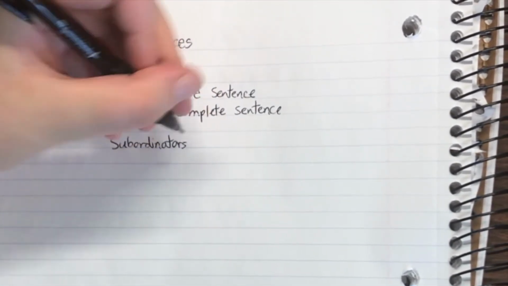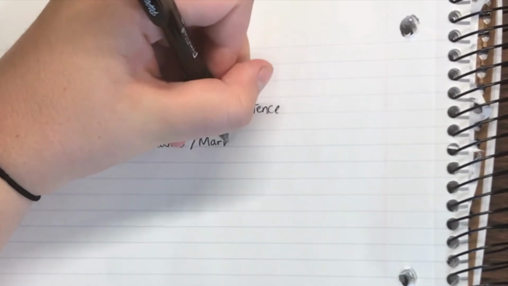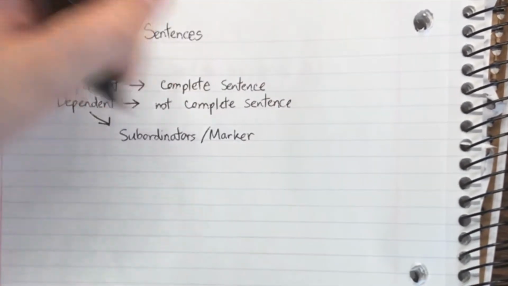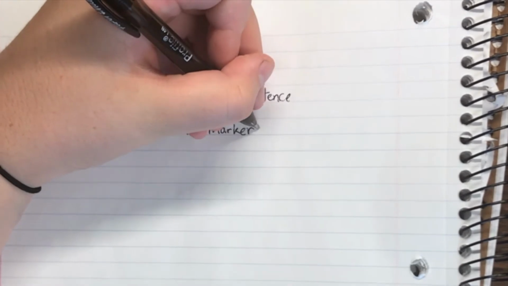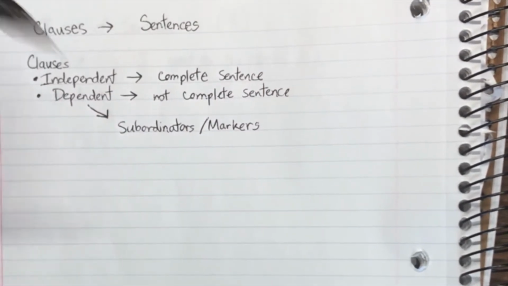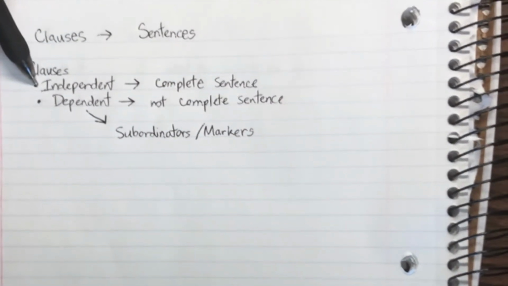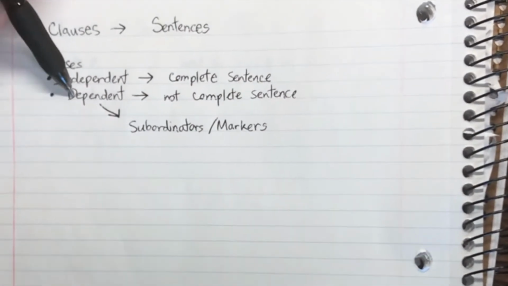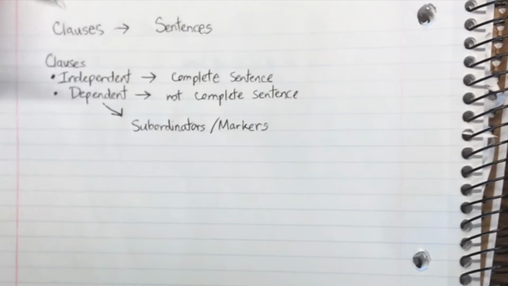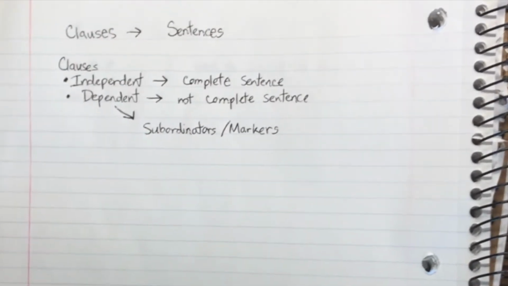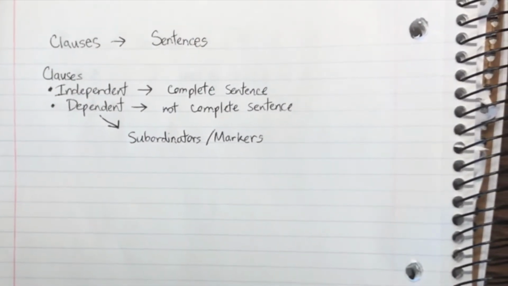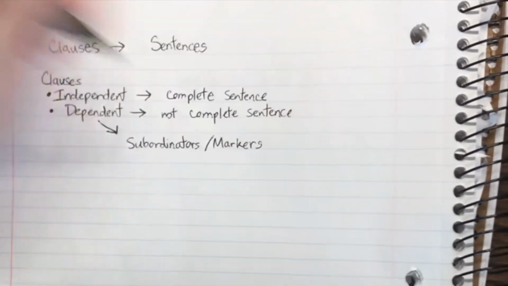Subordinators, we also call them markers a lot of the time, go at the beginning of these dependent clauses and make them dependent. So if I say, the bell rang, that would be an independent clause. But if I say, after the bell rang, that's not a sentence by itself. After the bell rang, it's dependent, and after is the subordinator.